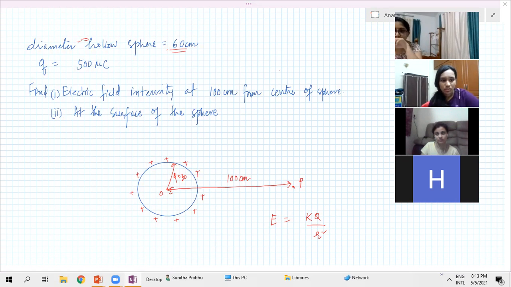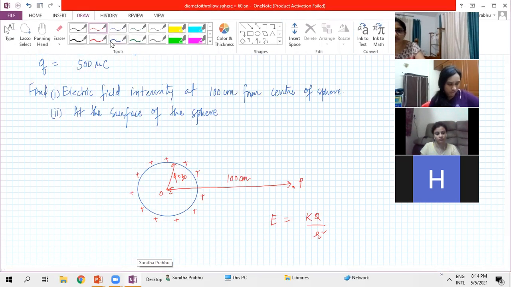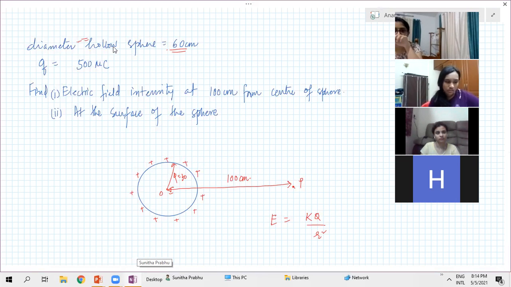Very good. So please remember, irrespective of the diameter of the sphere, you may have a sphere this big, and on this sphere you may have some charge. You don't worry about the diameter, you collapse it and say that 500 microcoulomb is acting at the center of the sphere. The entire charge is concentrated out here.